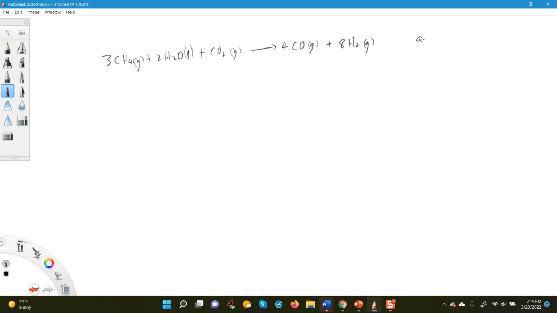And the question is asking for delta H for each of these, right? Now, as I said before, all we have to do is find the total enthalpy of the products and subtract from that the total sum of the enthalpy of the reactants, right?